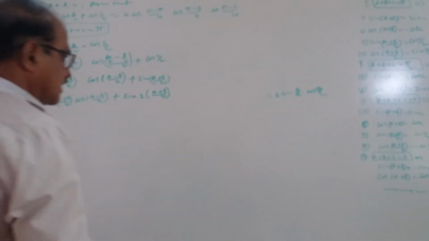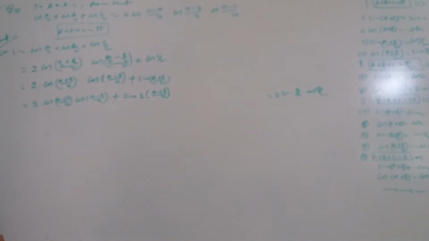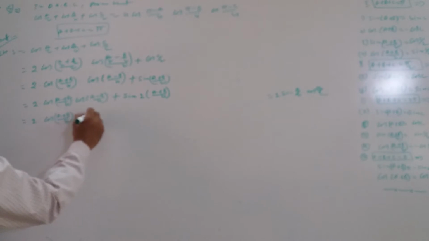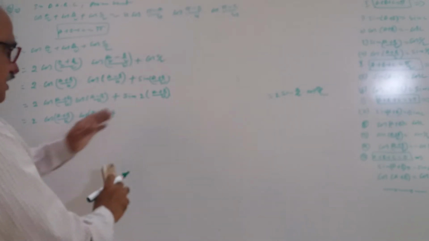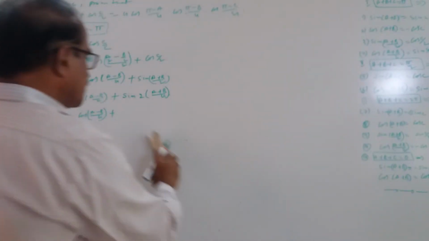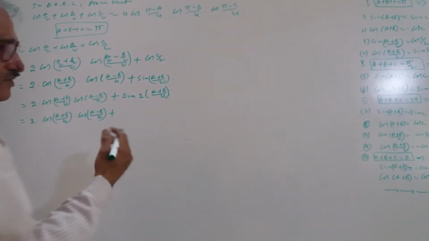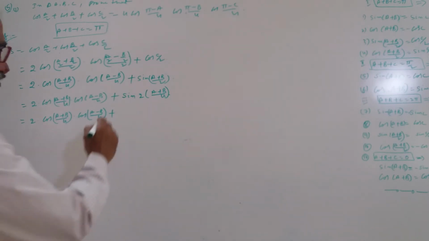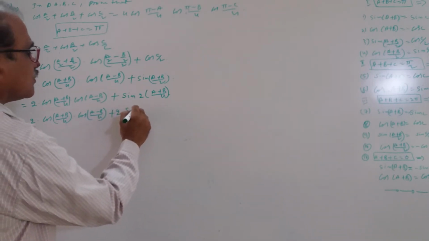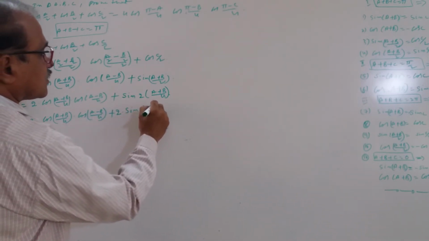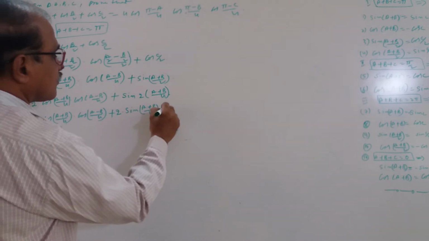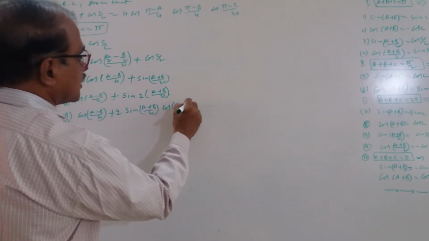That means 2 sin theta by 2 cos theta by 2. That is equal to 2 into cos of (A plus B) by 4 into cos of (A minus B) by 4, plus sin 2 into (A plus B) by 4. It is in the form of sin 2 theta. Sin 2 theta is equal to 2 sin theta cos theta. That means 2 into sin (A plus B) by 4 into cos of (A plus B) by 4.